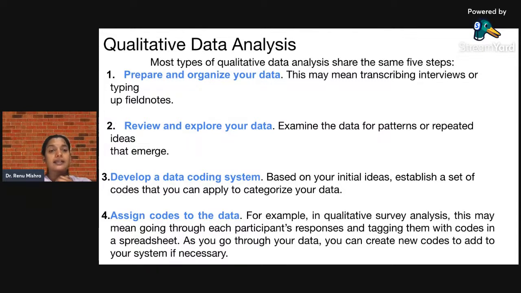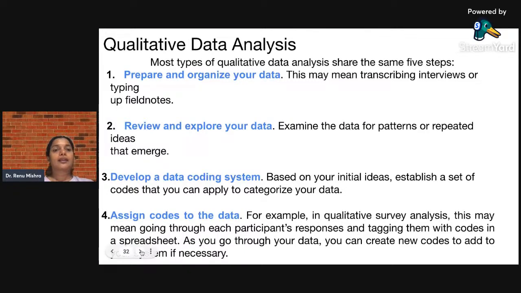What I mean here is, is there anything which is repeated by more than one respondent? Note them. Now, when you find such patterns or repeated ideas, you develop a coding system. You assign codes to those themes, those patterns, and then you add them to your spreadsheet, or you analyze on the basis of the codes assigned.